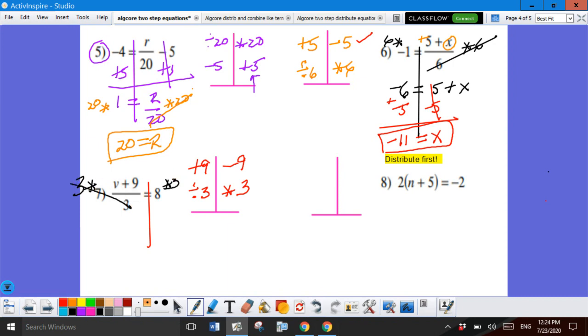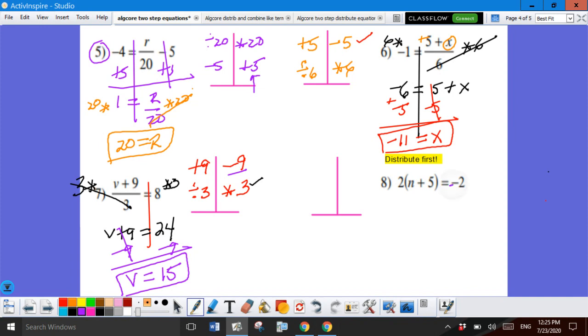So this one's gone. Drop the v plus 9. 8 times 3 is 24. So that was my first step. Second step, minus 9. Cross out. 24 minus 9 is 15. And I'm done.